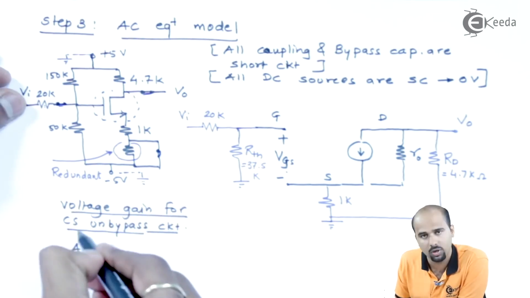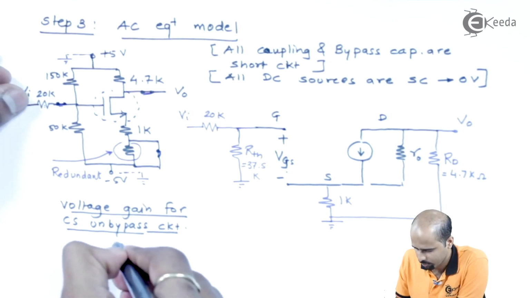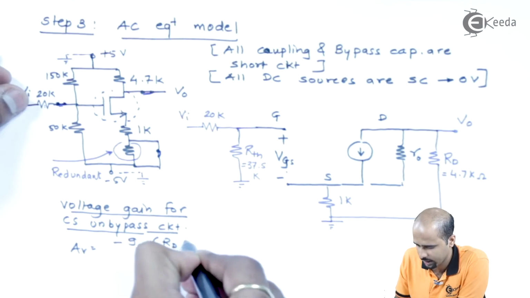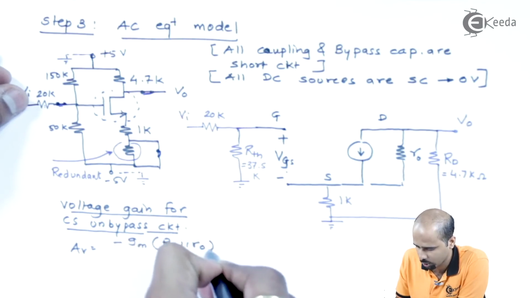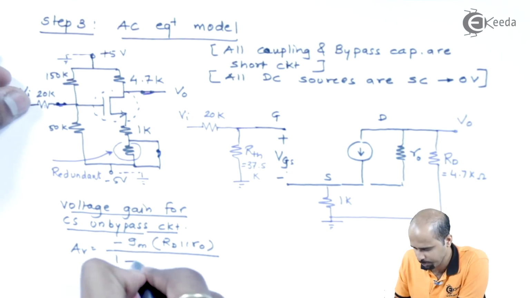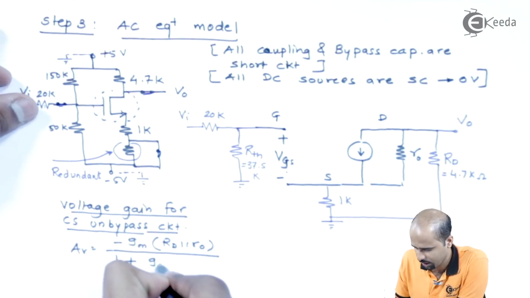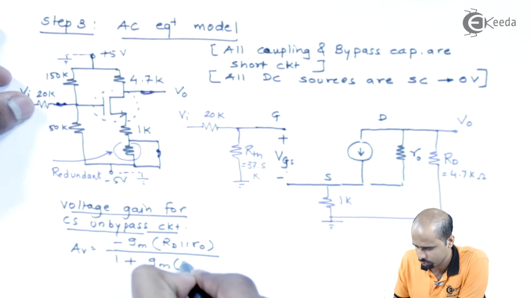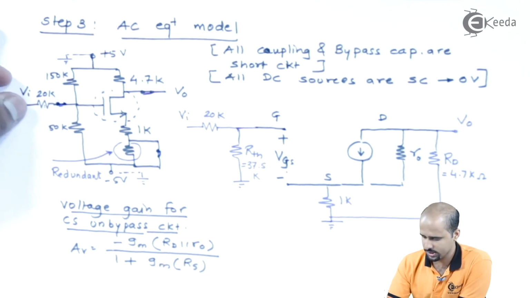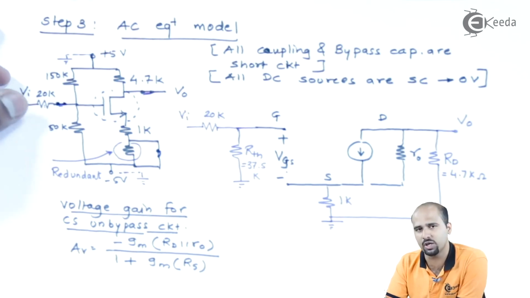AV is equal to minus GM into capital RD parallel small RO divided by 1 plus GM into RS.